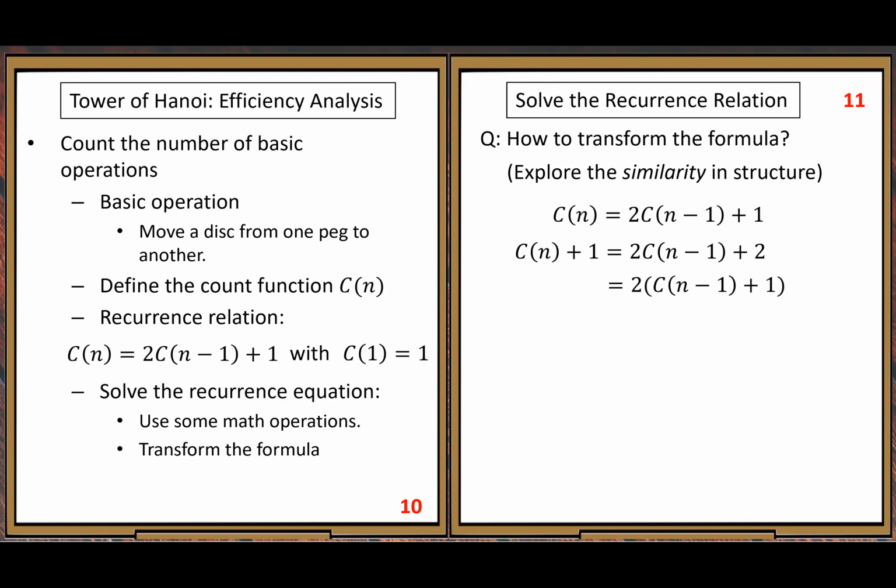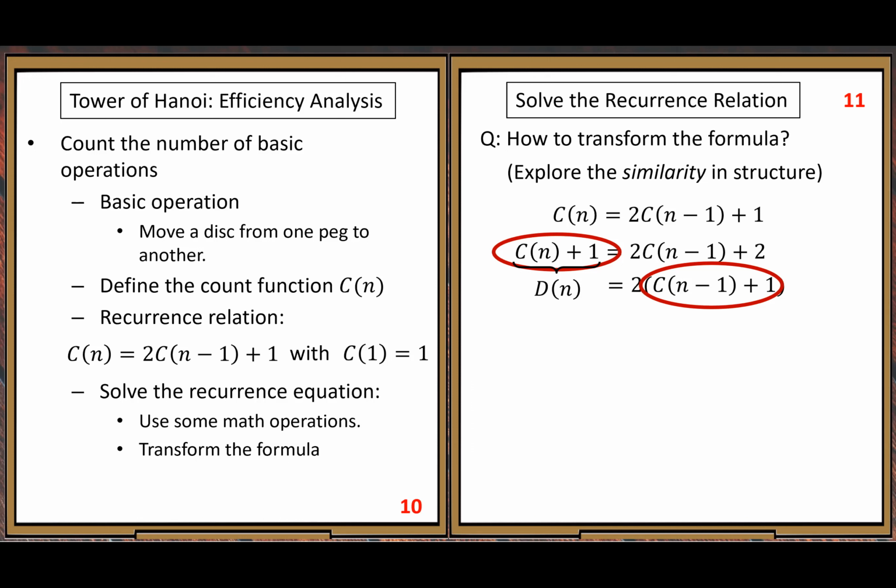Then we can take advantage of the similarity. You may want to ask why it helps. Why does this kind of similar structure help us solve this problem? The answer is easy. Because we have the similar structure, we can introduce a new function, only one function, to represent these two similar structures easily. That is, let us introduce the D function: D of n equals C of n plus 1.